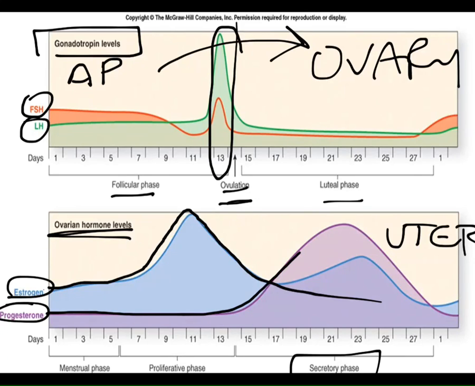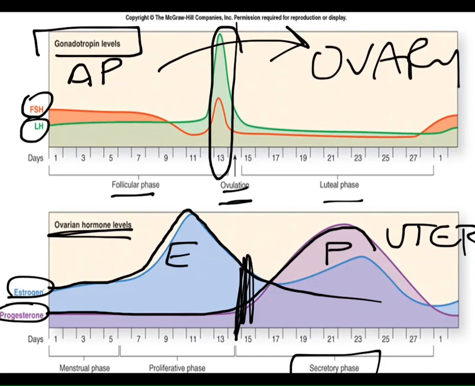Okay, so I want you thinking about progesterone here and estrogen here. Estrogen rises before ovulation. Progesterone rises after ovulation. Estrogen before, because here's day 14, where they kind of cross, right in this area. So estrogen is high before ovulation. Progesterone is high after ovulation. So those are the hormones.